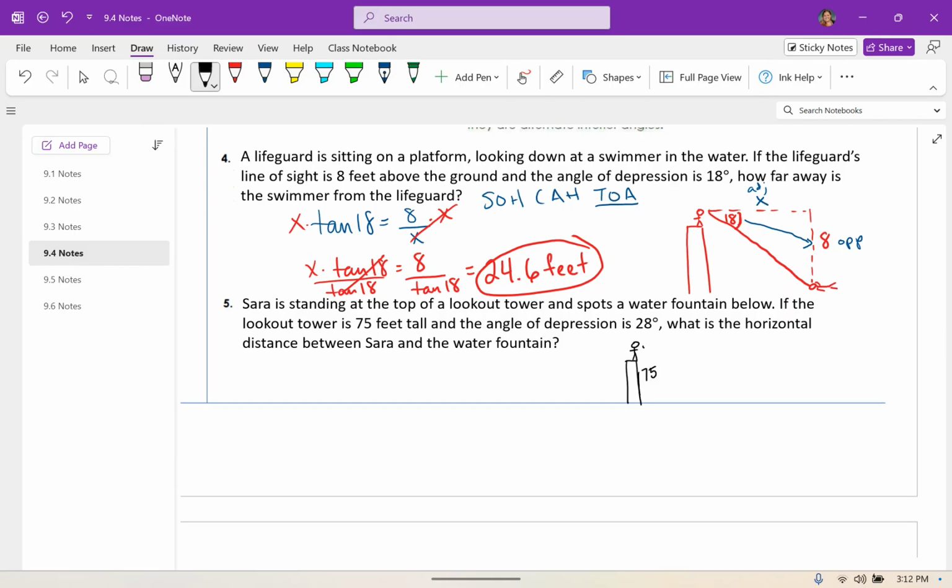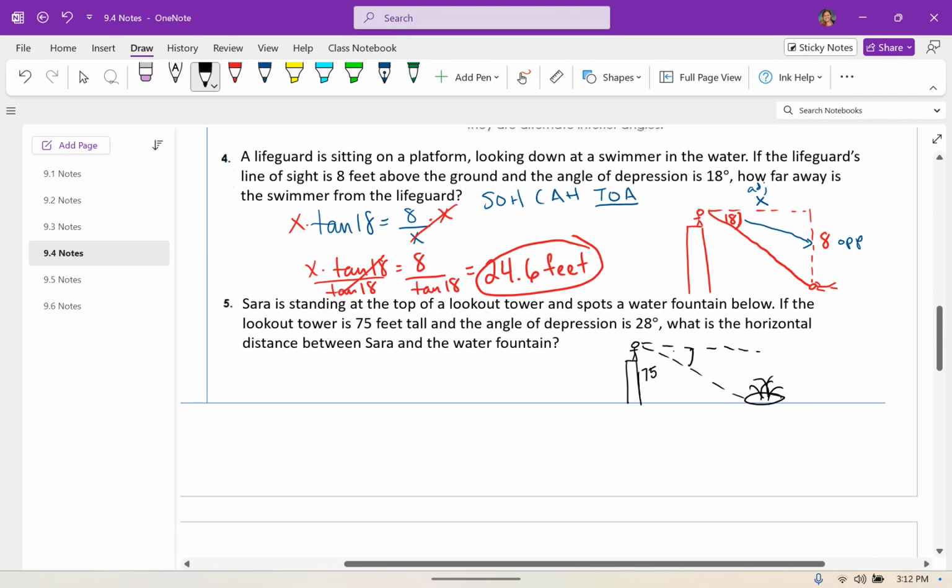And the angle of depression is 28 degrees. Okay, so here's the water fountain. So this is 28. What's the horizontal distance between Sarah and the water fountain?